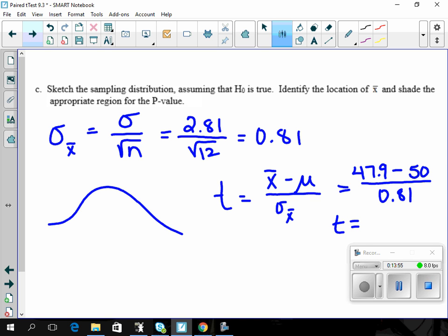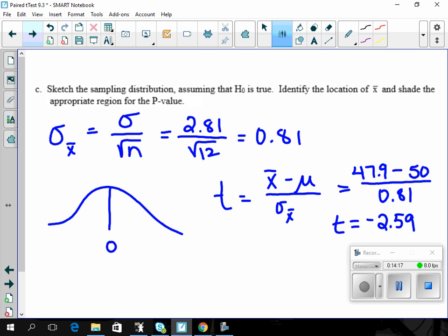Did someone get it? Did you get it, Mike? You're going to put parentheses around your numerator, so it divides correctly, see what I mean? Okay. What'd you get for me, Matt? Negative 2.59. Great.